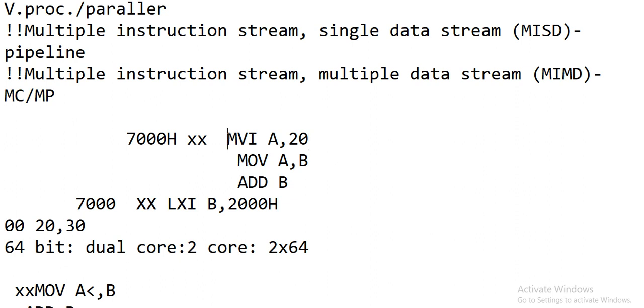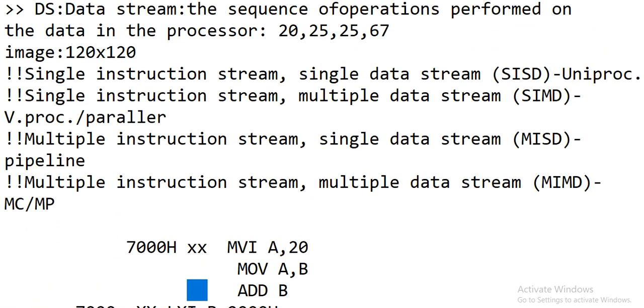So what is single instruction stream and multiple data stream? If your processor can stream only one instruction at a time, but can fetch all that particular data at once, that is called single instruction stream and multiple data stream.